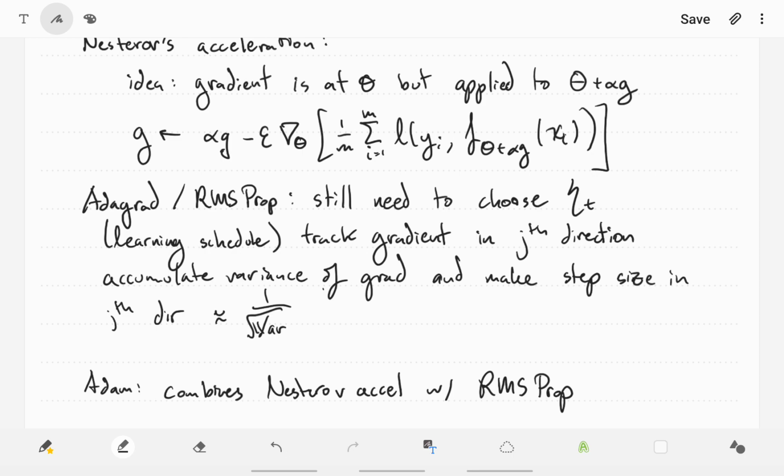And so I'm just going to talk about Adagrad and Adam at a high level, because really to use them in TensorFlow, you don't necessarily need to know their inner workings, although I would encourage you to look at those papers.